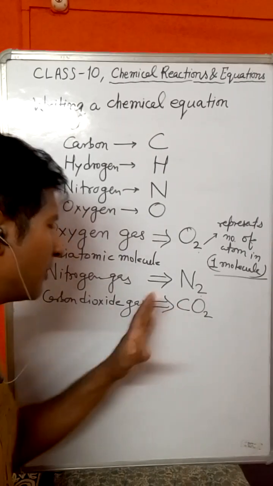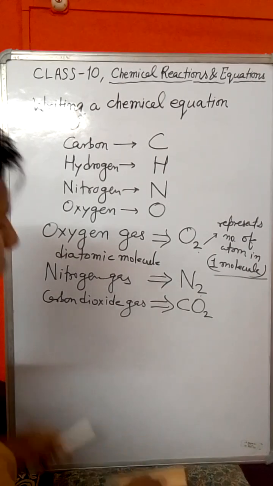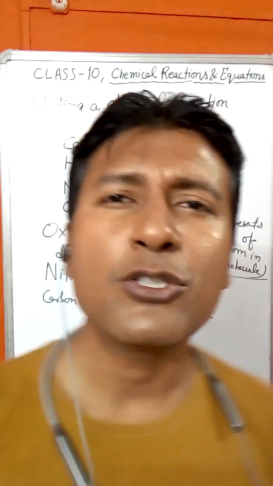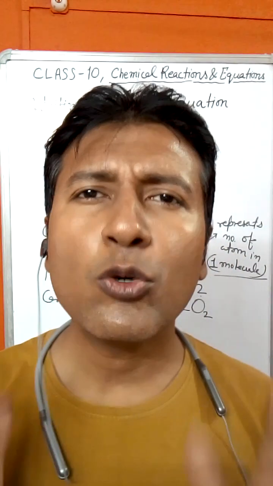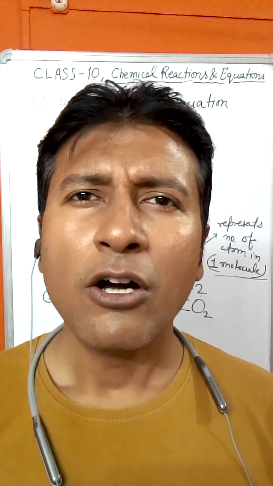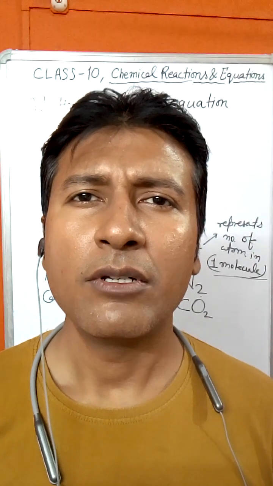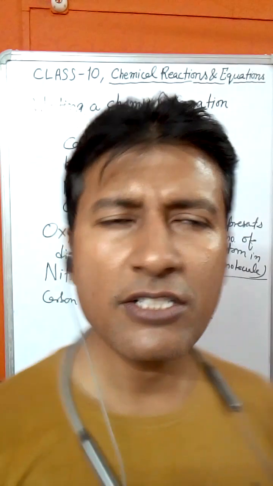So that's why this is a compound. So basically what have we understood? That a chemical equation is a symbolic way of presenting any chemical reaction. I hope the point is clear.